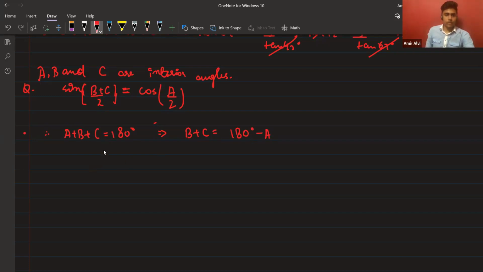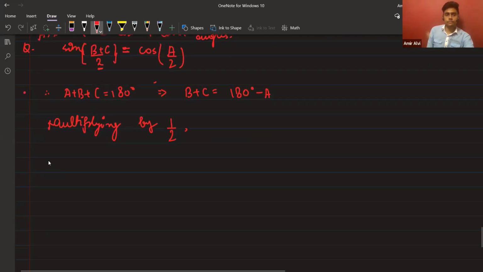It's clear. Okay. So now we have to multiply by 1 by 2 to get the denominator as 2 on both sides. Adil, getting my point, yes or no?